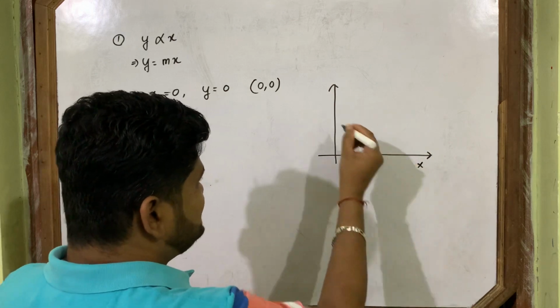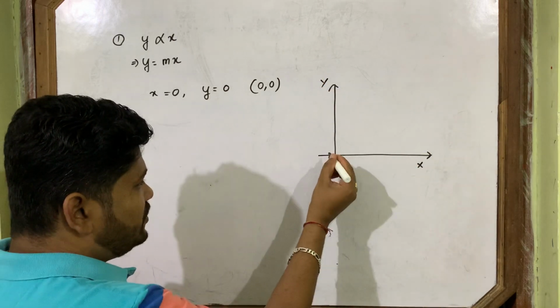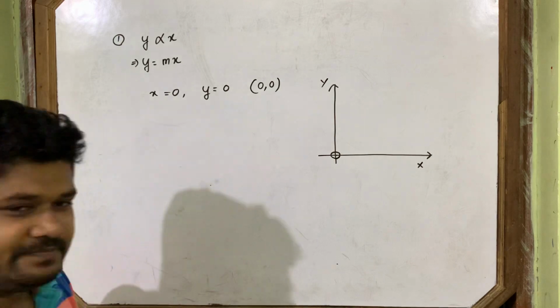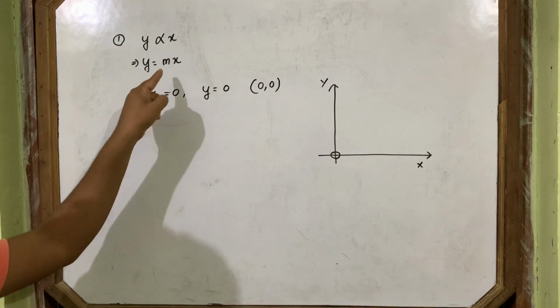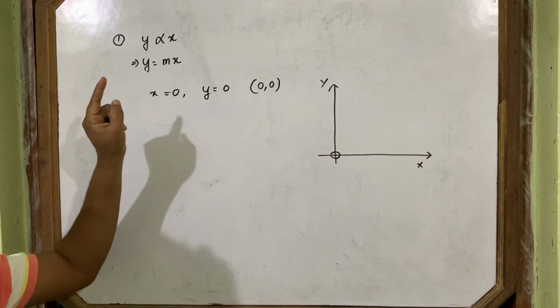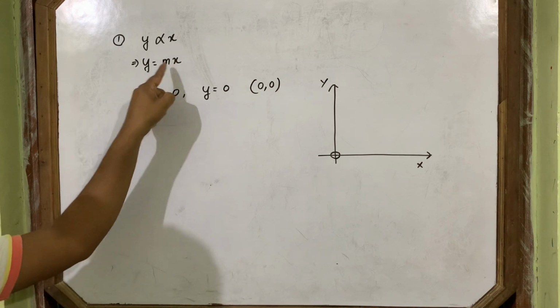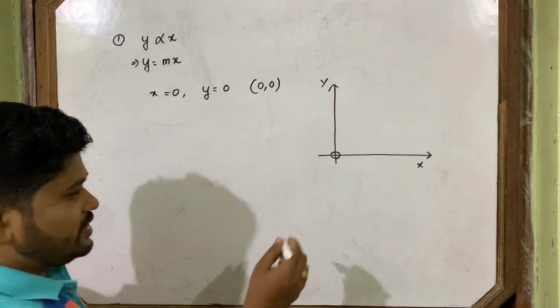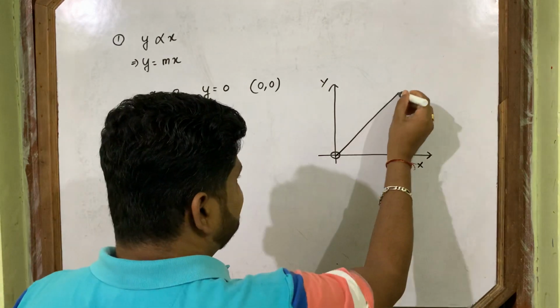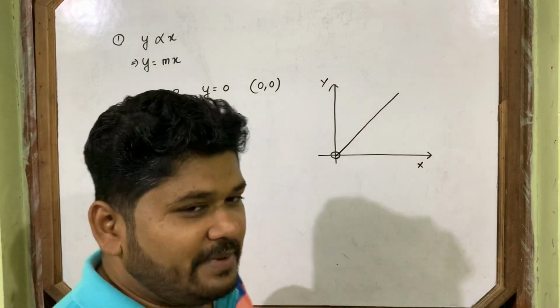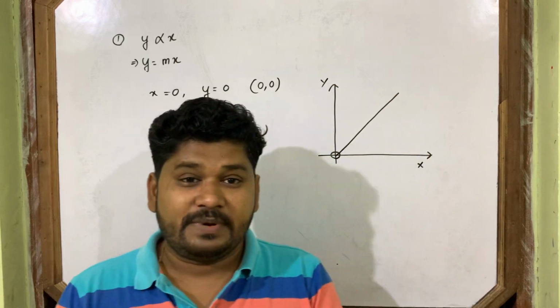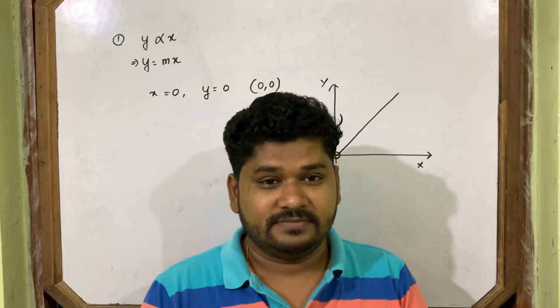This is the x-axis, this is the y-axis. The graph passes through the origin, and when x increases, y increases. If x is positive, then y is positive. So the graph is like this. The graph will be a straight line passing through the origin.